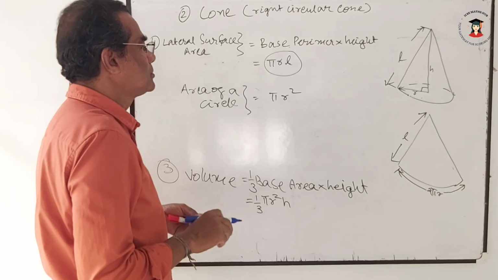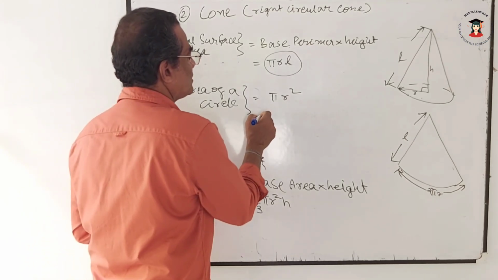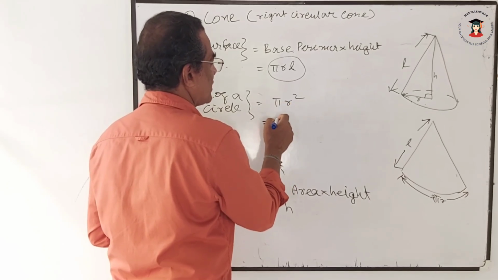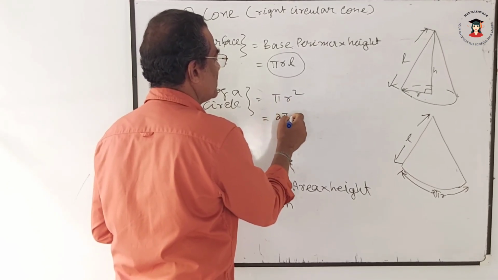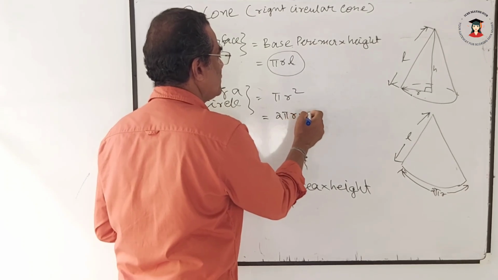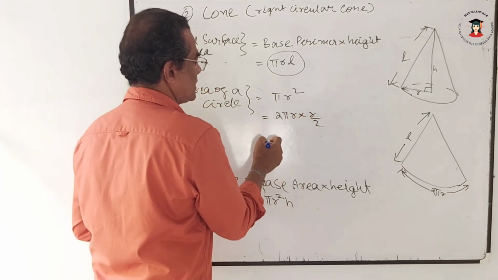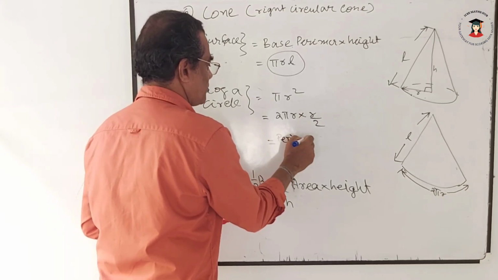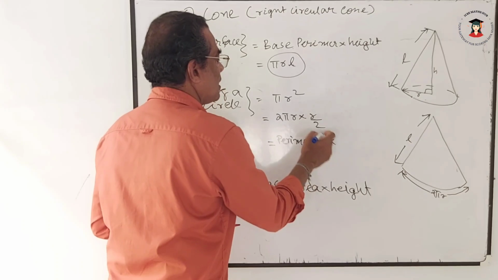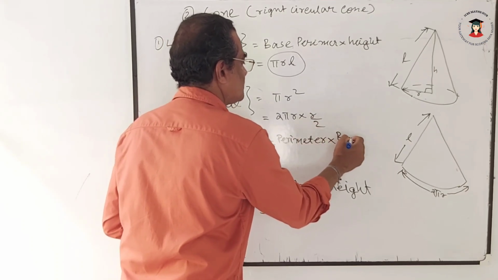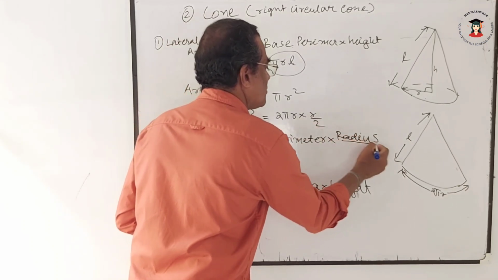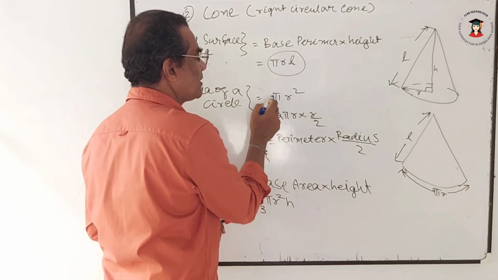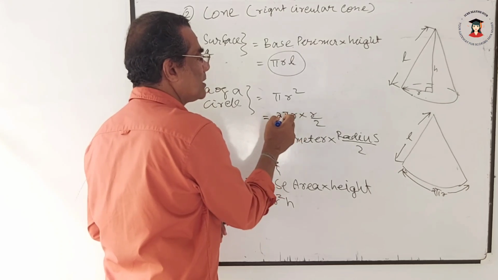Now I am going to rewrite this formula, pi r square, as 2 pi r into r by 2. That is, 2 pi r is the perimeter, into r, the radius, by 2. Because 2 and 2 get cancelled, eventually you will end up with pi r square.